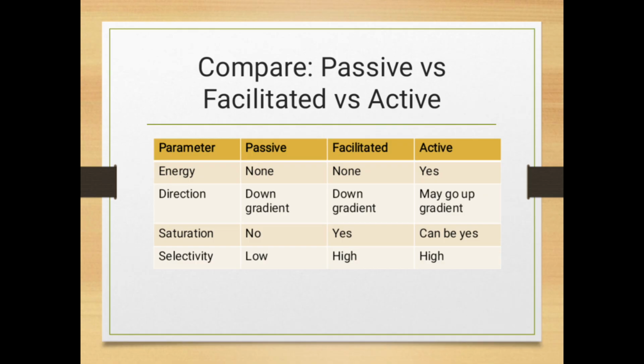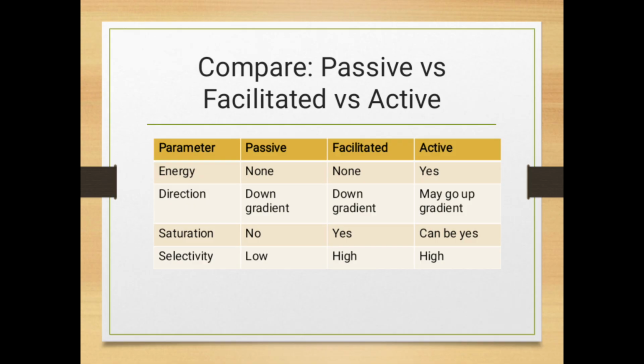Moving further, here is a comparison between passive, facilitated and active types of diffusion. For passive, we can summarize: no energy required, it is simple, unlimited, that is no saturation, and less selective. Talking about facilitated diffusion, here also no energy is required. However, it needs protein and is limited by the number of proteins, that is it is saturable; if the carriers are occupied, we call it saturated, and it may be highly selective.